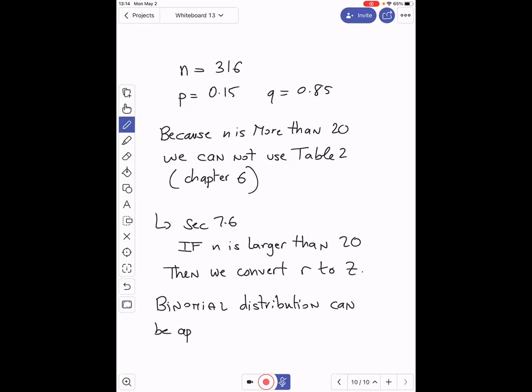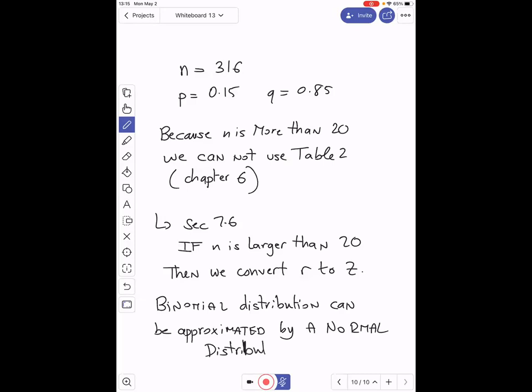Even though there's no normal distribution in this problem, because the number of trials is large, we can convert the number of successes to z. You see the relation here, guys?